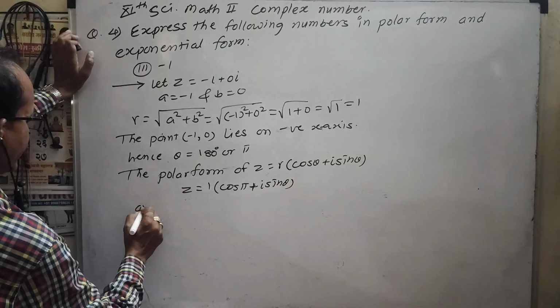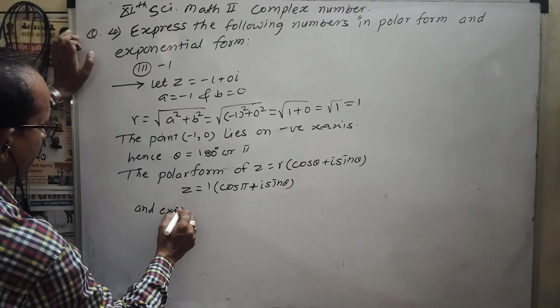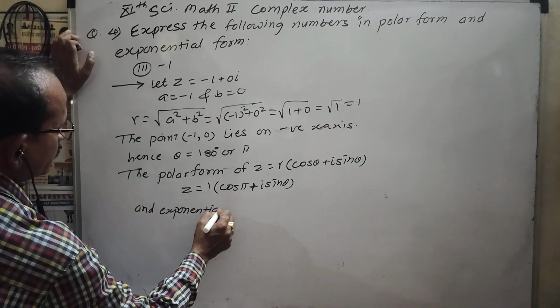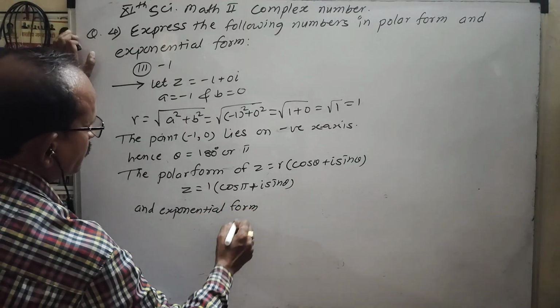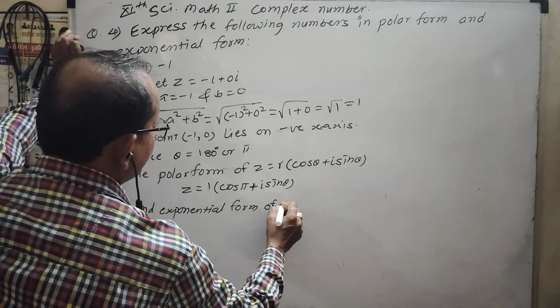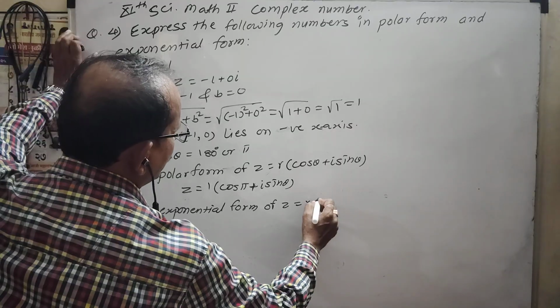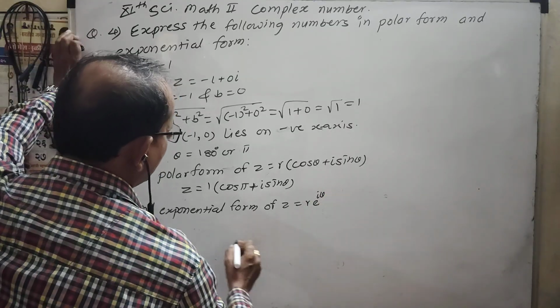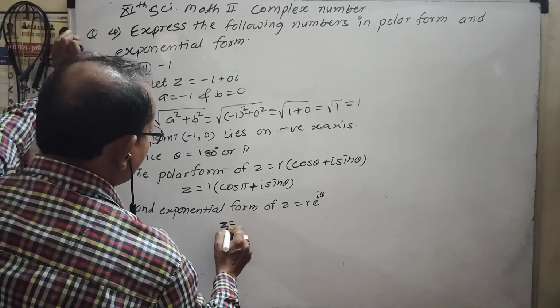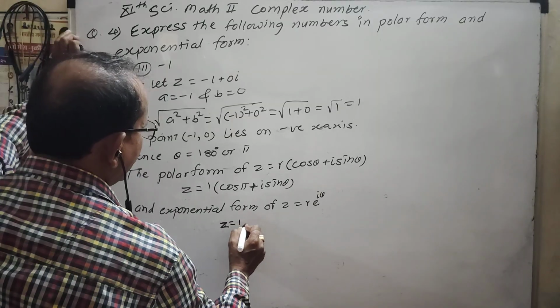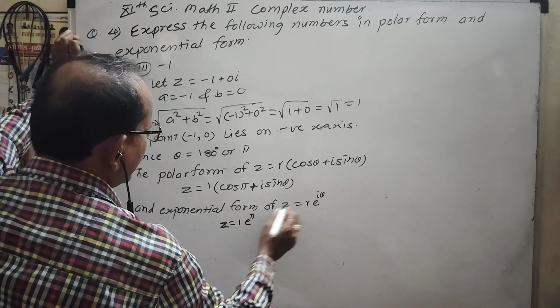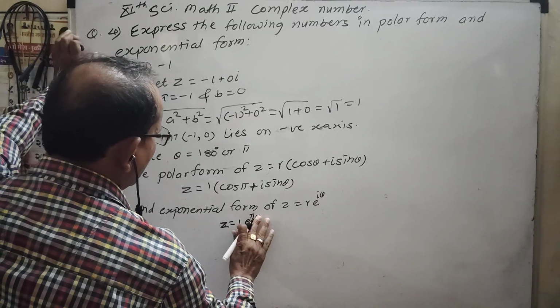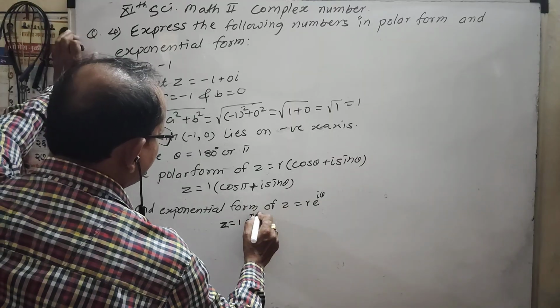And the exponential form of z is equal to r e to the power i theta, which is 1 e to the power pi i.